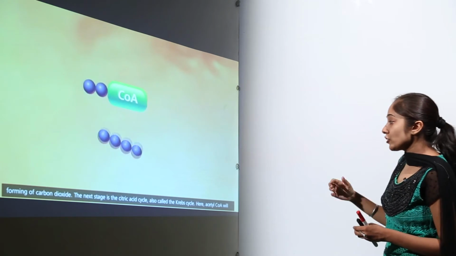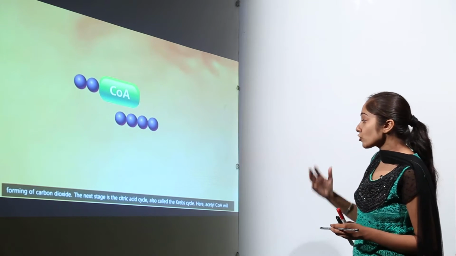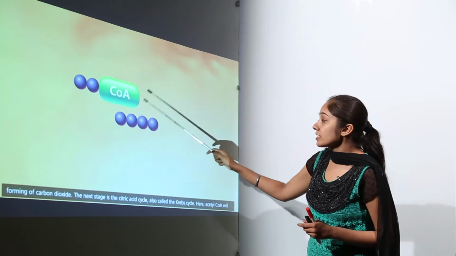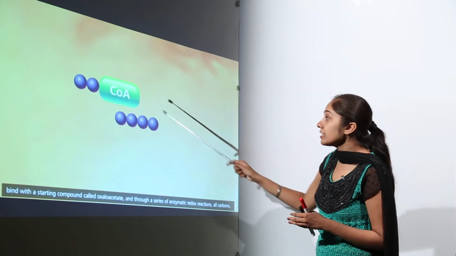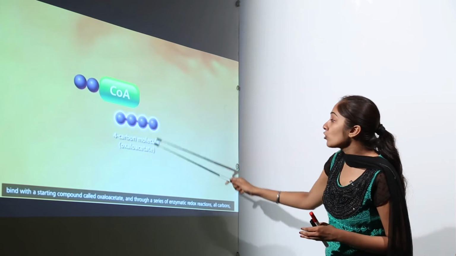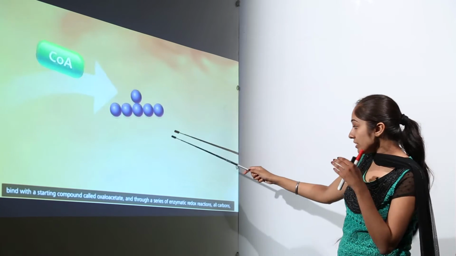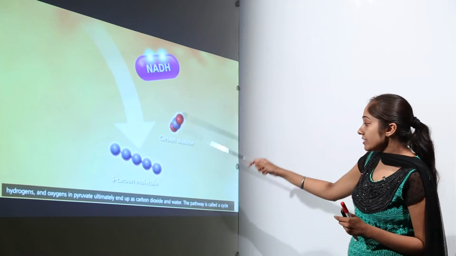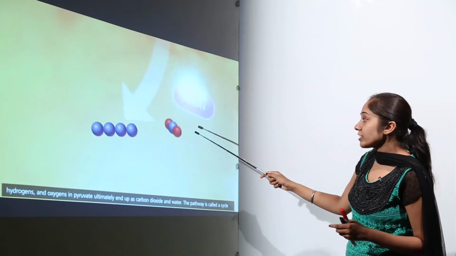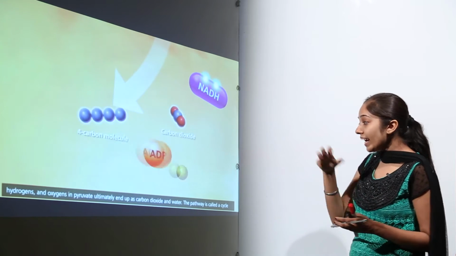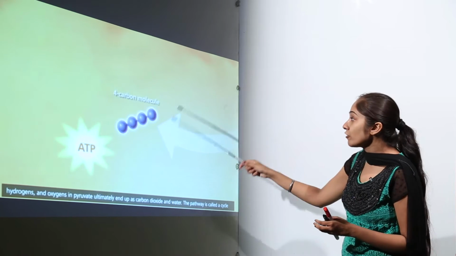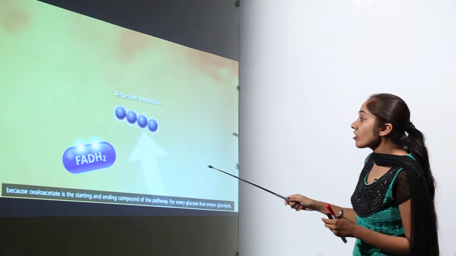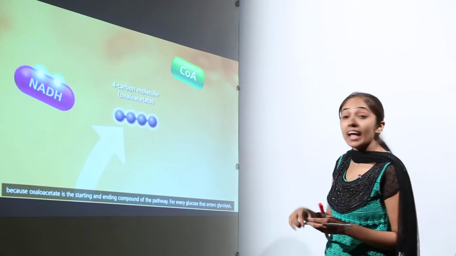The next stage is the citric acid cycle, also called the Krebs cycle. Here acetyl coenzyme A binds with a starting compound called oxaloacetate, and through a series of enzymatic redox reactions, all the carbons, hydrogens and oxygen in pyruvate ultimately end as carbon dioxide and water. The pathway is called a cycle because oxaloacetate is the starting and ending compound.